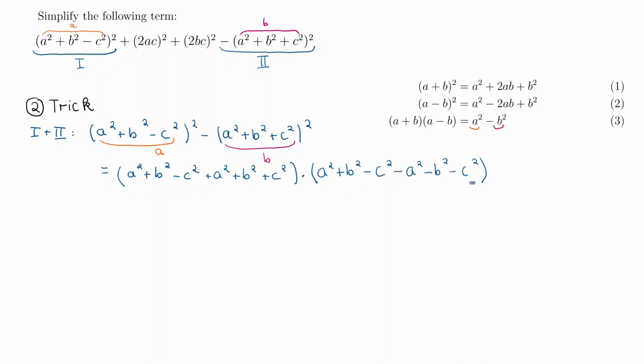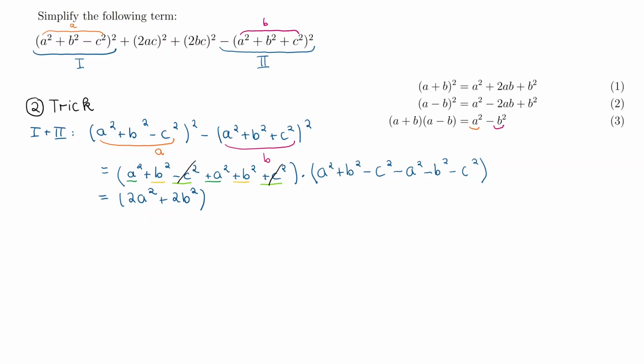Okay, before we now multiply everybody with everybody, we see that we can put same parts together. So we have A square, which is 2A square. Then we have B square, which is 2B square. And then we have minus C square plus C square, which just is 0.